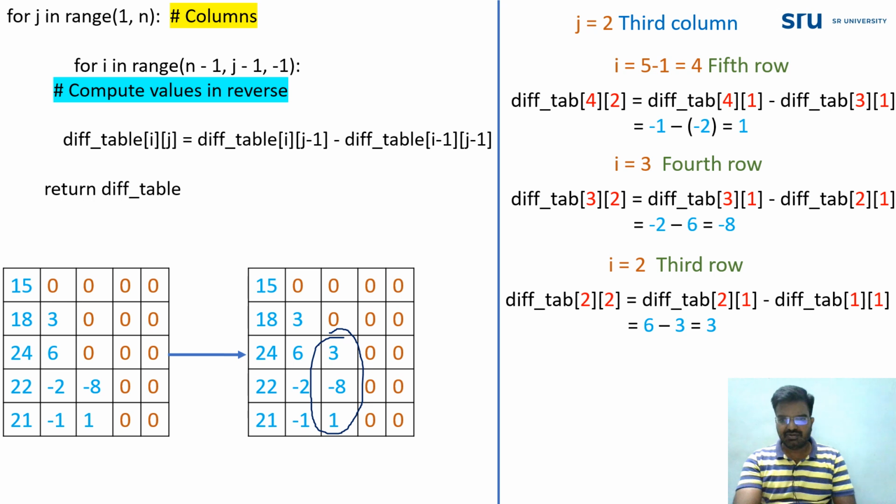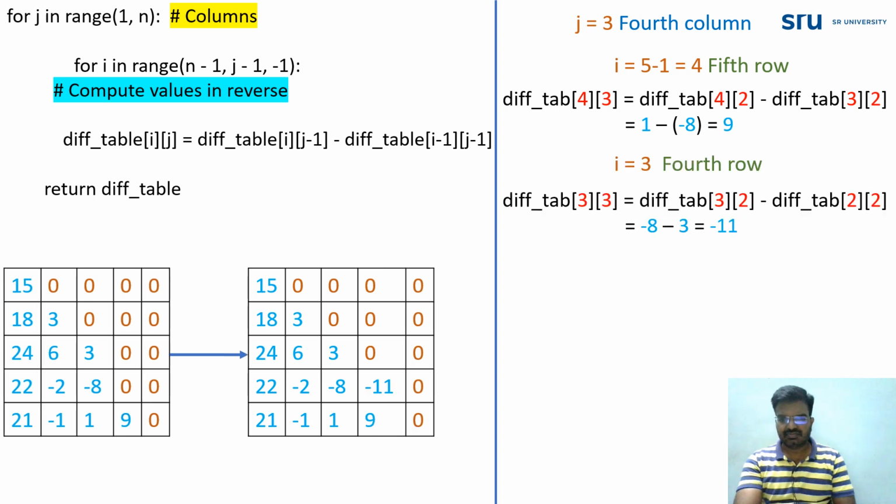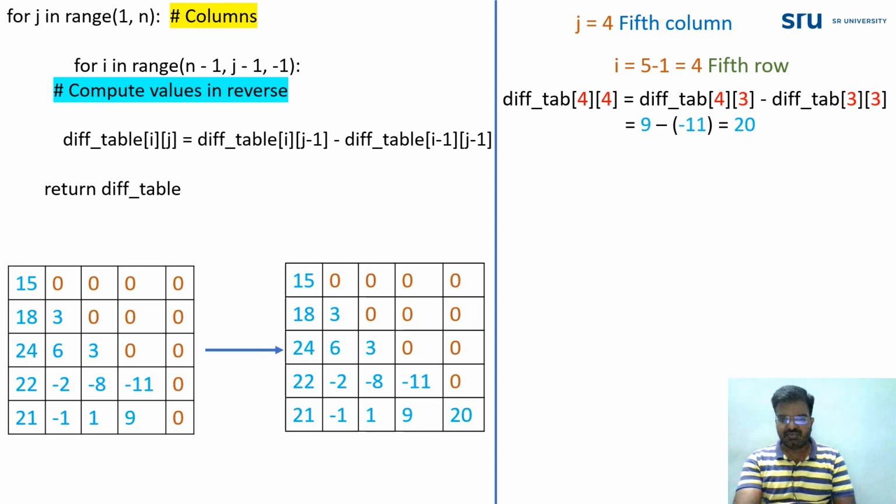Next, j equal to 3. j equal to 3 means it is the fourth column. Again we fill the values from the last row. You can see here we are filling the values from the last row. Okay, finally j equals 4. When j equals 4, this is the value we are filling. See, finally we got the backward difference table.